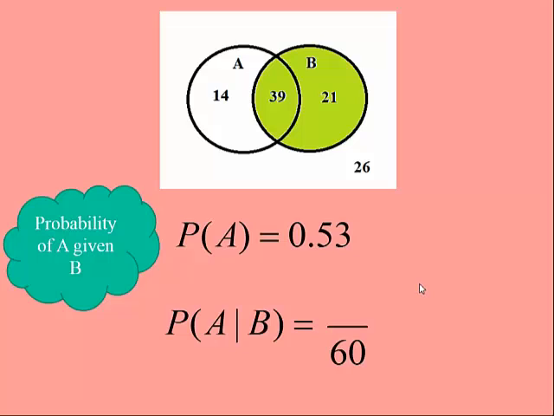And how many of those that I have colored are in A? That would be the 39. So that is the conditional probability. The vertical line is read "given." Probability of A given B.